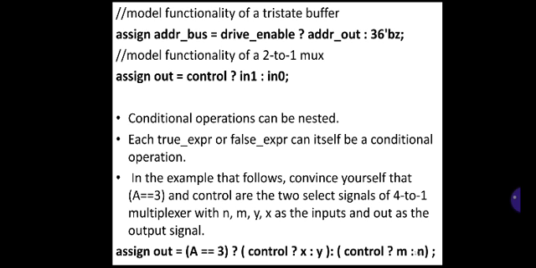So in that case, it will jump to control question mark M colon N. Control question mark M colon N is evaluated because A is not equal to 3. Again there is a nested conditional operator here, control question mark M colon N. So in this case, again control is tested. If control is 1, then M is assigned to out. If control is 0, N is assigned to out. This is how the nested conditional operator executes.